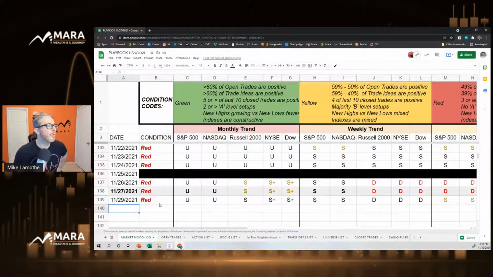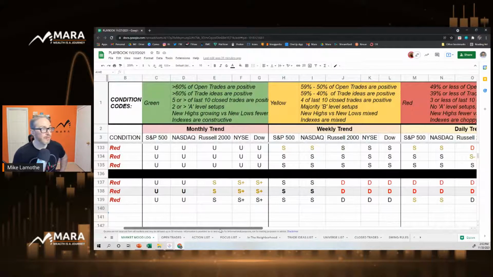So one of the things that I like to do is track the trend. Are we moving up? Are we moving down? Are we moving sideways? I have a U for uptrend, an S for sideways, and a D for down. So what do we have? We have uptrends still on the S&P and the Nasdaq. We have sideways on the Russell, the NYSE, and the Dow.